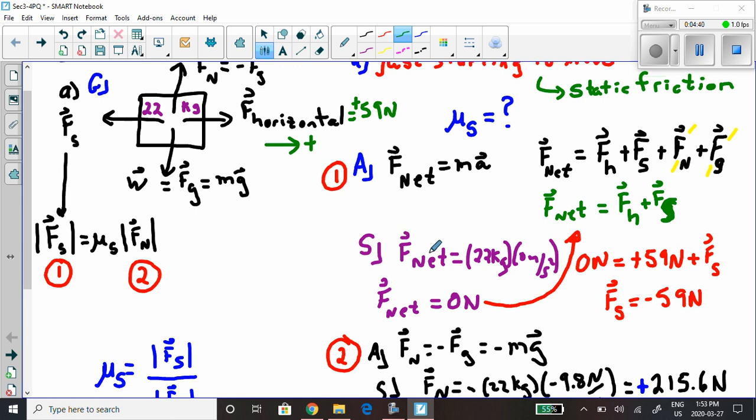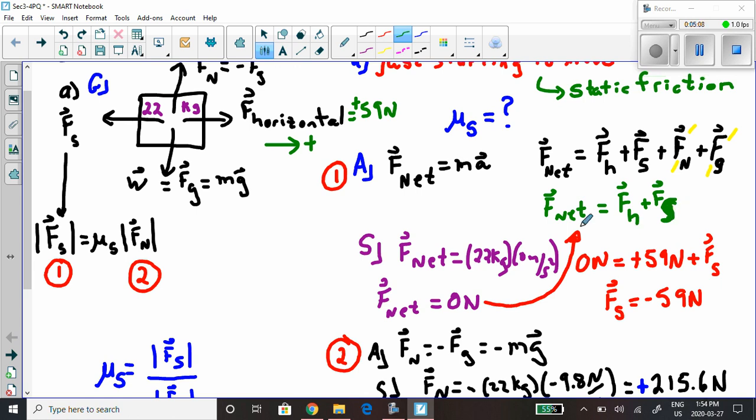So, since the object is not moving, I have mass is 22 kilograms, acceleration is 0 meters per second squared. If I multiply these two together, I get an F net of 0 newtons. I can now take that information and put it into this equation, that the net force is equal to the only two forces left, the horizontal push force and the force of static friction.